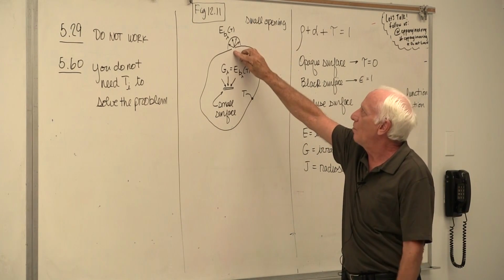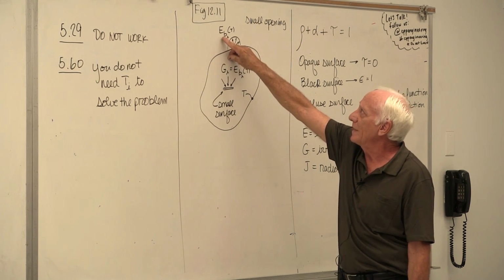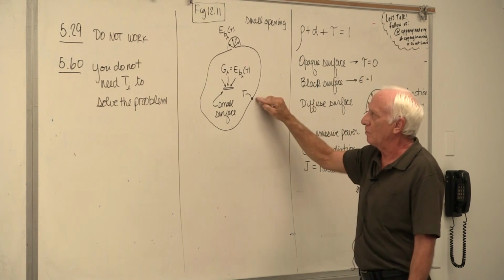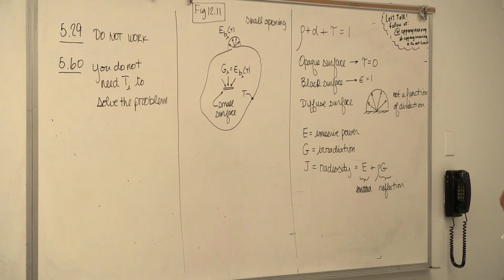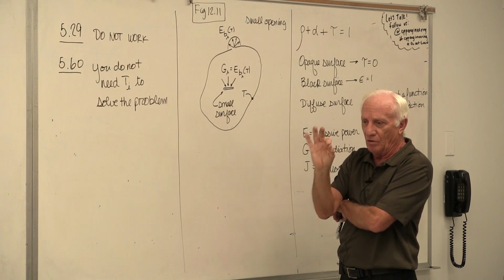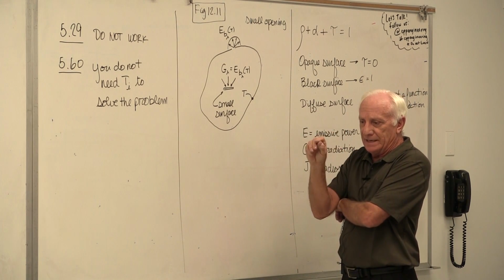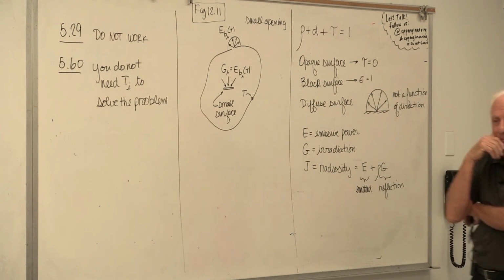If you have a small opening in that enclosure, what leaves that small opening appears to have come from a black body at the temperature of the walls T. That's one way you can approach a black body experimentally, maybe in a physics lab. A large object, heat the walls, put a small hole in the wall. The radiation leaving that small hole has the spectral appearance of black body radiation.